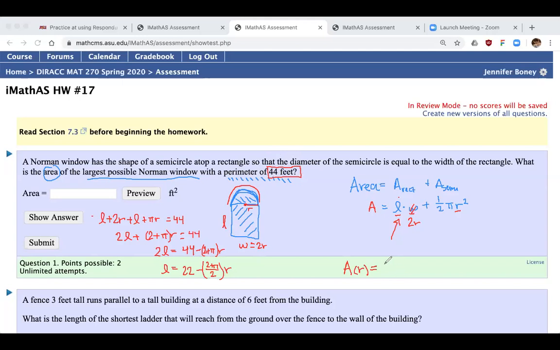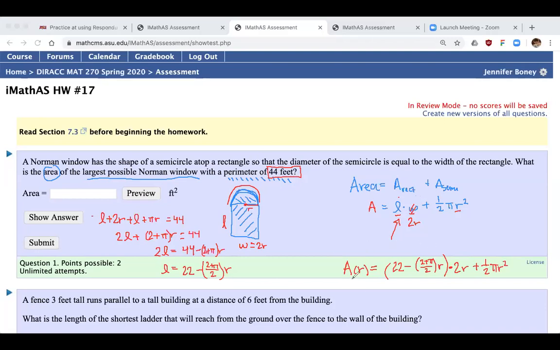So in any case, then this lovely expression, instead of L times W, I'm going to have 22 minus 2 plus pi over 2, which you could also reduce to 1 plus pi over 2, all times r. But this is times W, which is now 2r, and then plus 1/2 pi r squared.